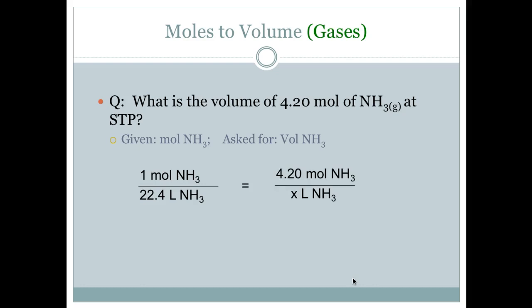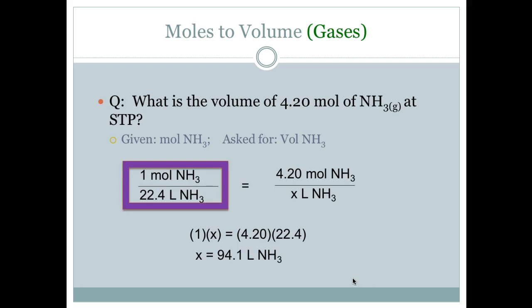Set this equal to the information from the problem, 4.20 over x, cross multiply, solve for x, and we find that 4.20 moles of NH3 is equal to 94.1 liters of NH3. Once again, this half of the proportion is the relationship we know, this half comes from the problem, and our units line up.